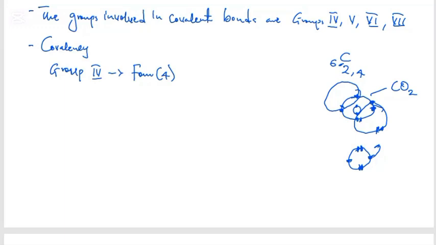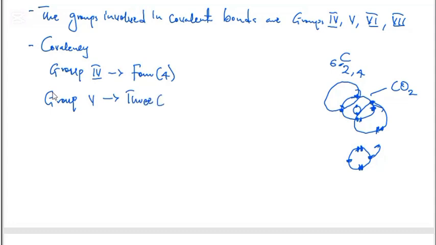So let's quickly come back. Then we say group 5 has a covalency of 3. So they need 3 more electrons to pair. For example, nitrogen. Nitrogen is the 7th element, so we have 2, 5.